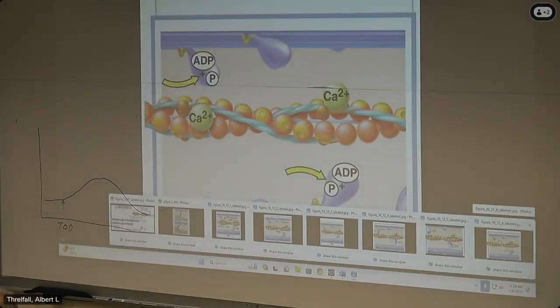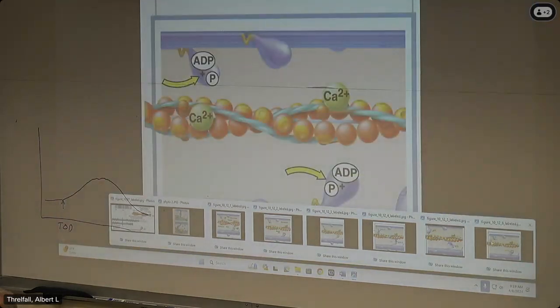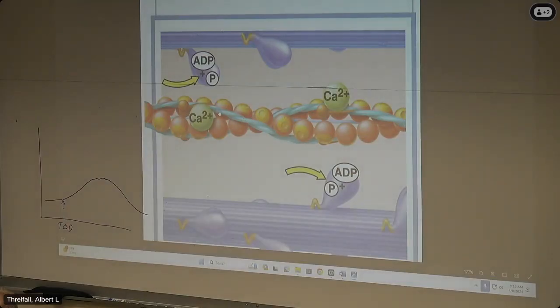Now the head swings back up. What's it done to the ATP from here to here? It split it, yeah. And so now the sarcomere is resting again. Calcium's still attached to troponin. I still see calcium attached to troponin. I still see all of these binding sites on actin.